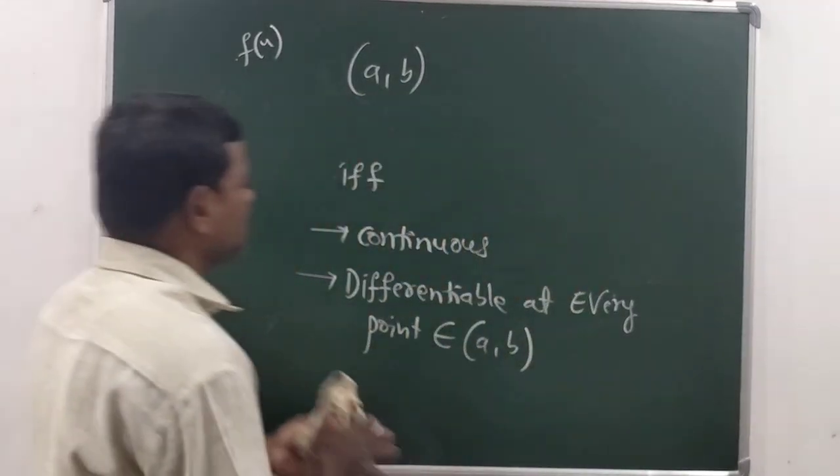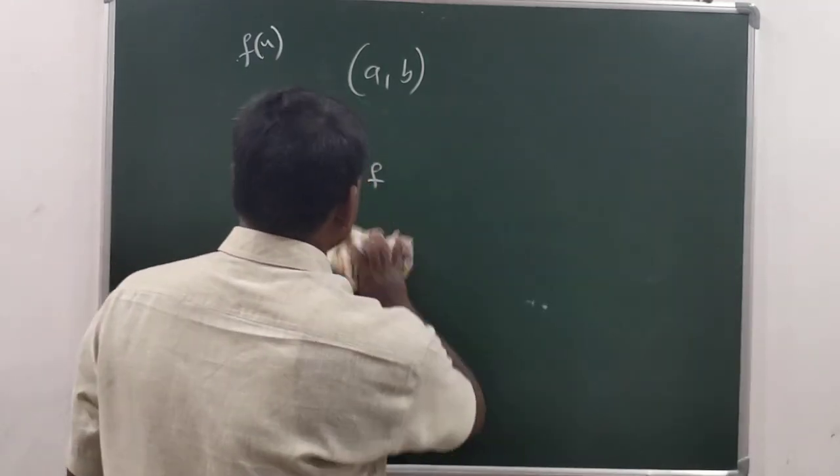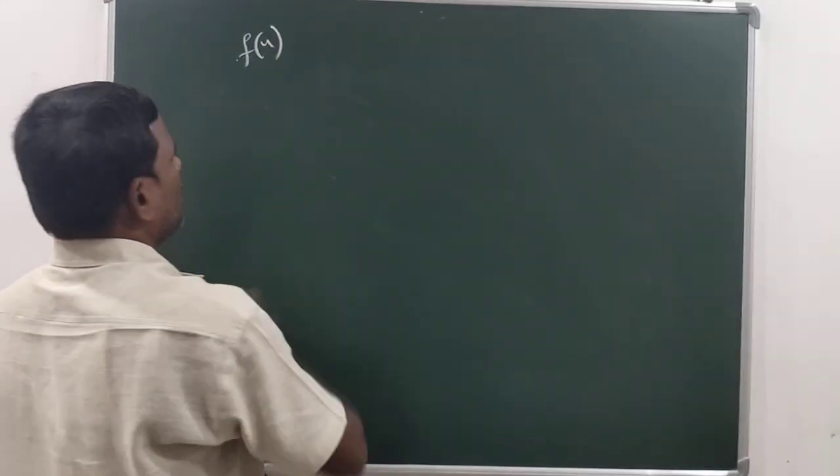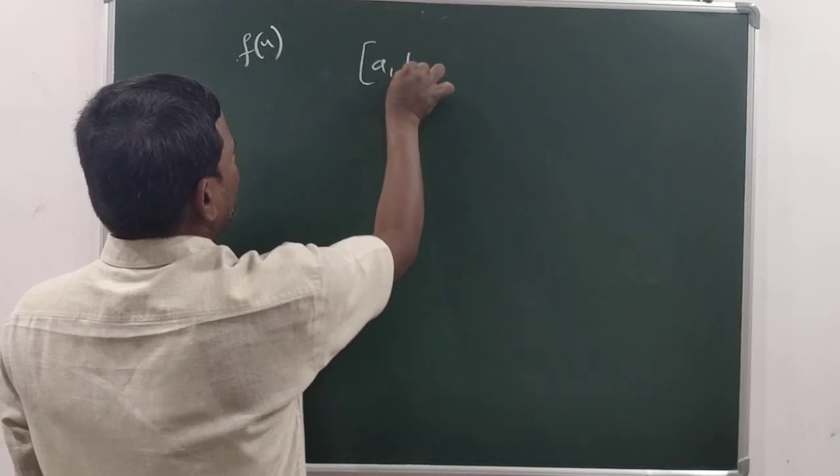Now, when is this function differentiable in the closed interval a comma b?